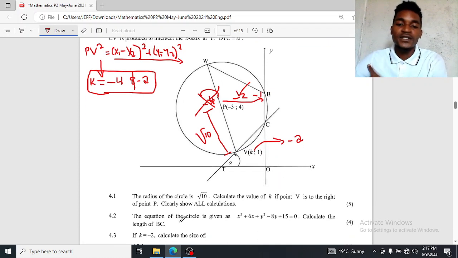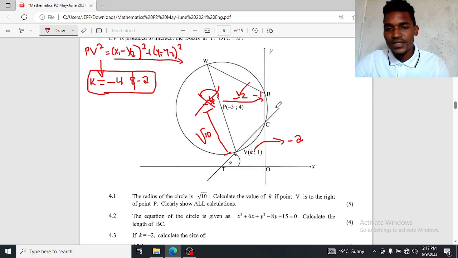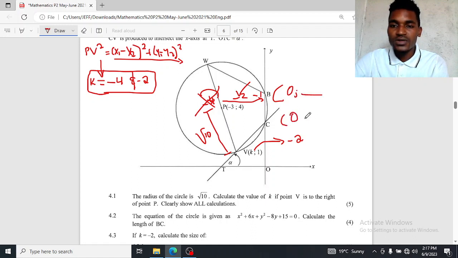So that is the first question. Question 4.2: the equation of the circle is given as this one, and we must calculate the length of BC. We know that B and C are the y-intercepts, so B is going to be (0, something) and C as well is going to be (0, something), and we're looking for the value of y.